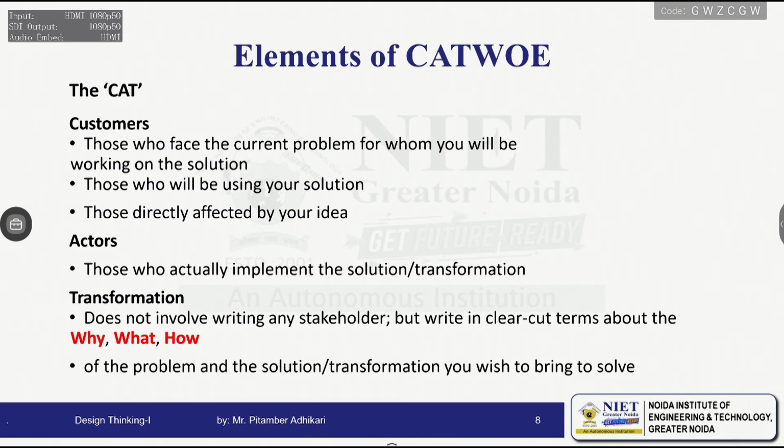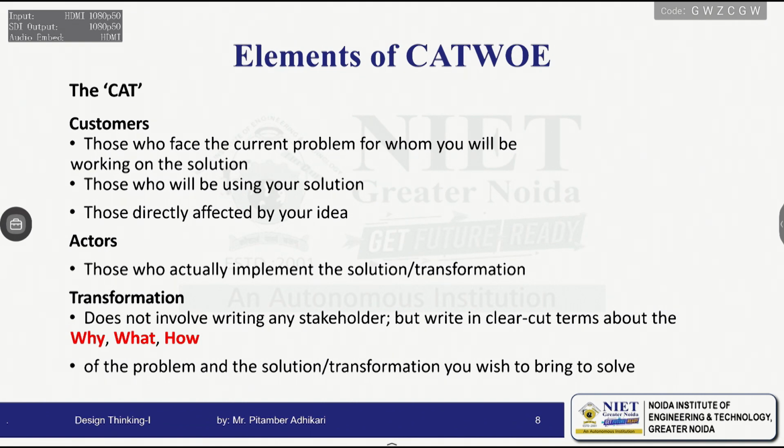What does that mean? Here we will discuss what our actual problem is and how we are going to solve that problem, by using important terms like why, what and how.